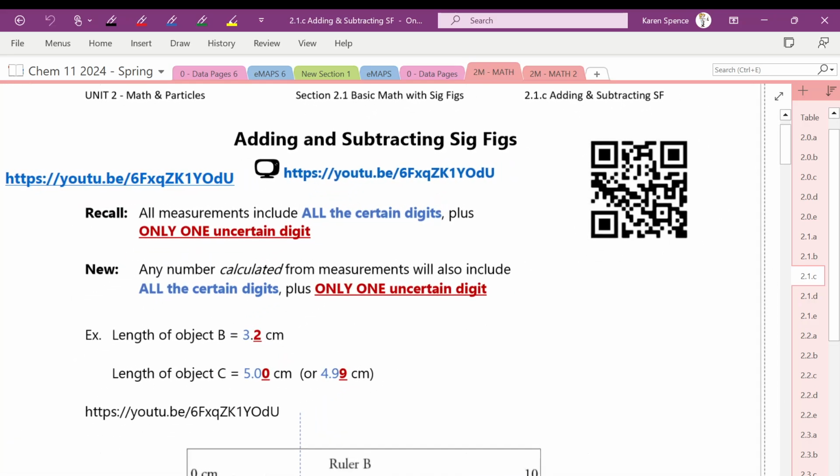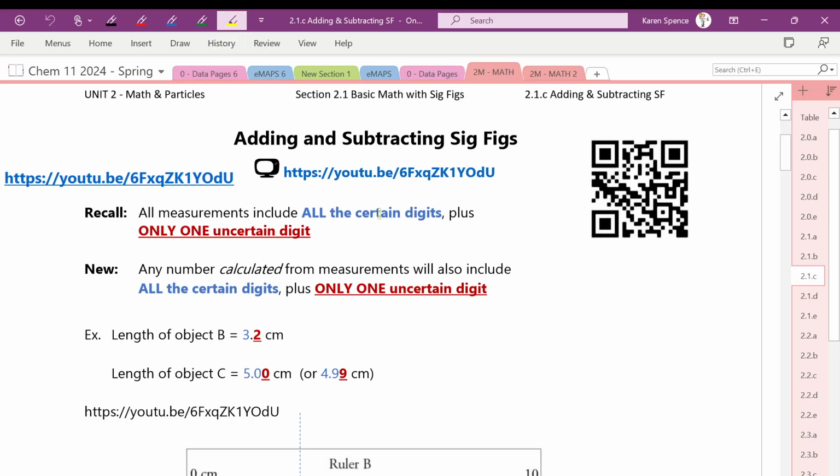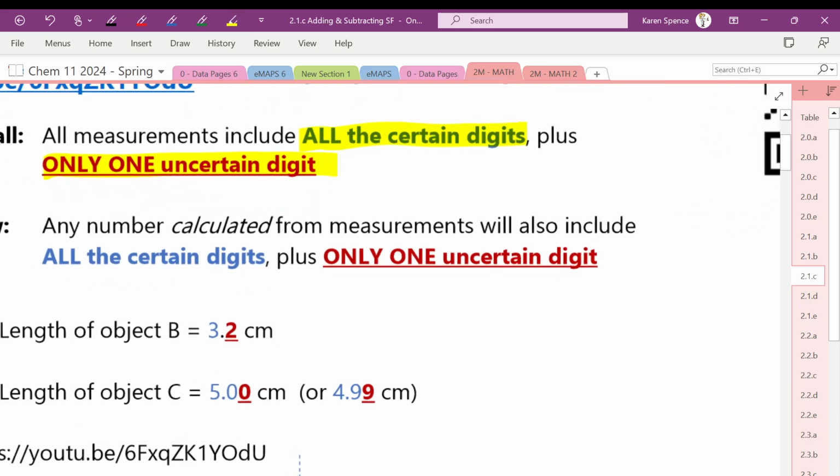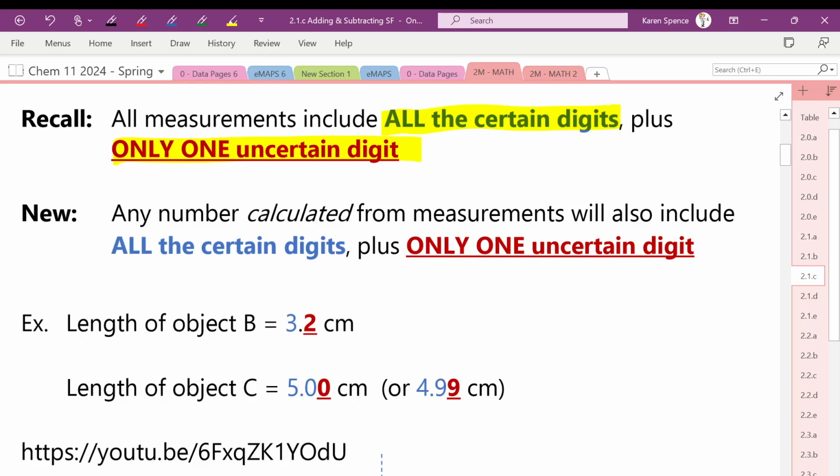All right. So remember, when you do a measurement, all measurements are all the certain digits plus that one uncertain digit. The only thing we're adding into this is when we have a number calculated from measurements, and this is page 14. We also want all the certain digits plus one uncertain digit.